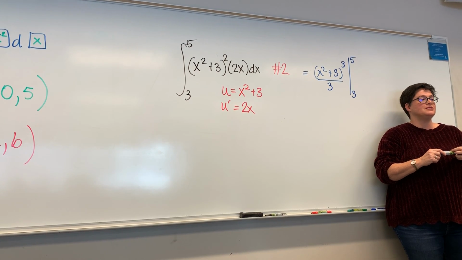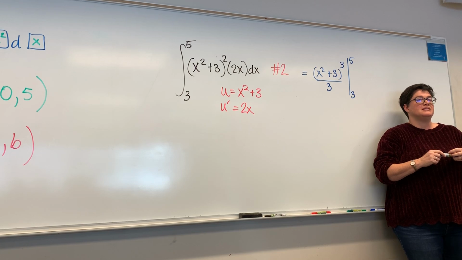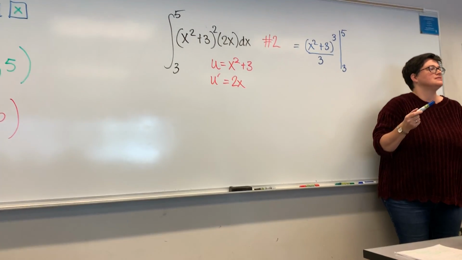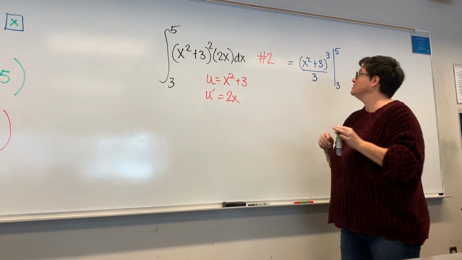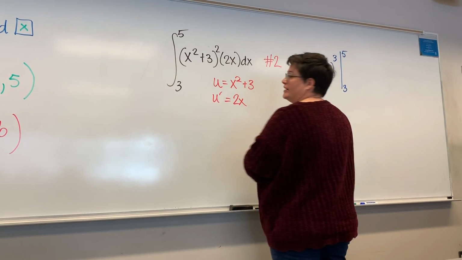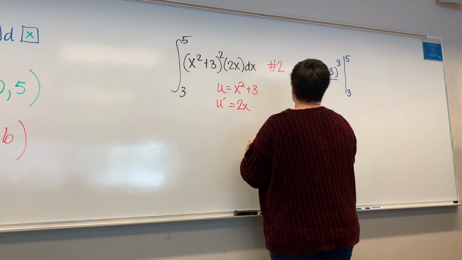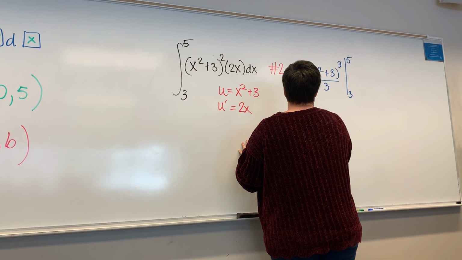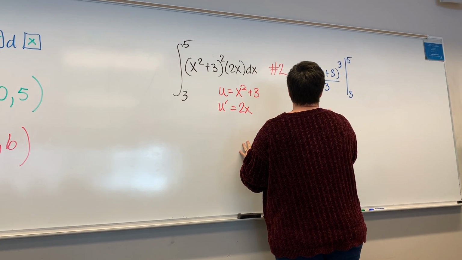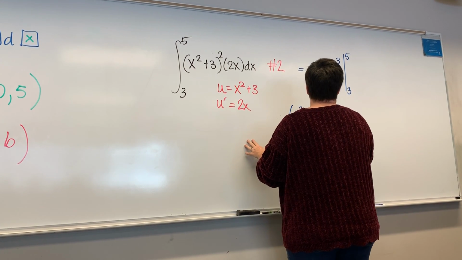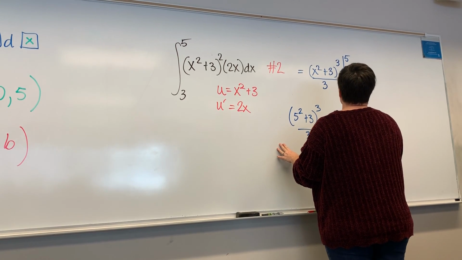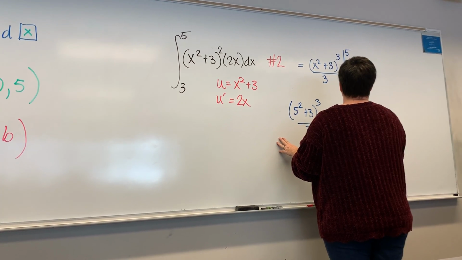Same thing we've been always doing, except now, instead of being done at this point, we're just plugging in numbers. So which one do I shove in first? 5. Okay. So 5 squared plus 3 cubed over 3 minus 3 squared plus 3 cubed over 3.